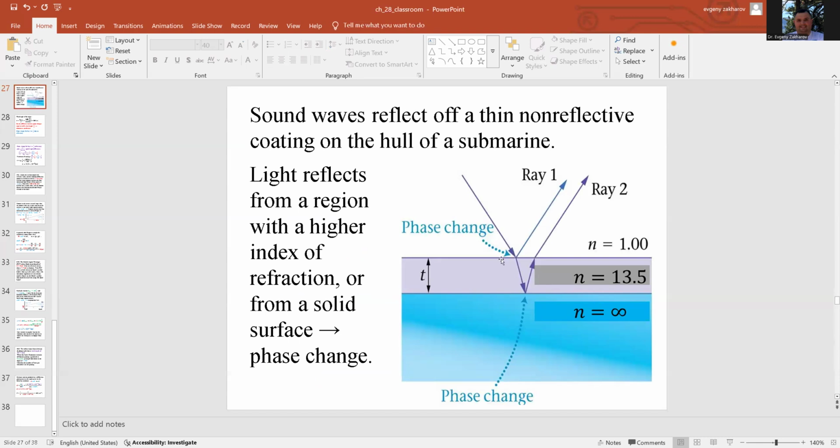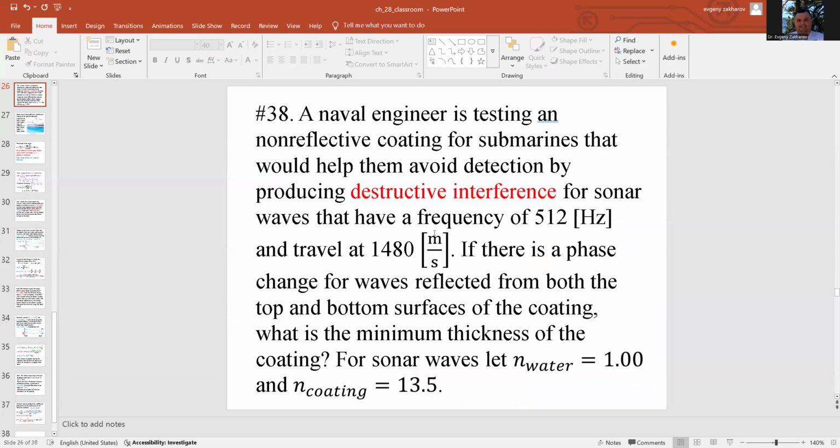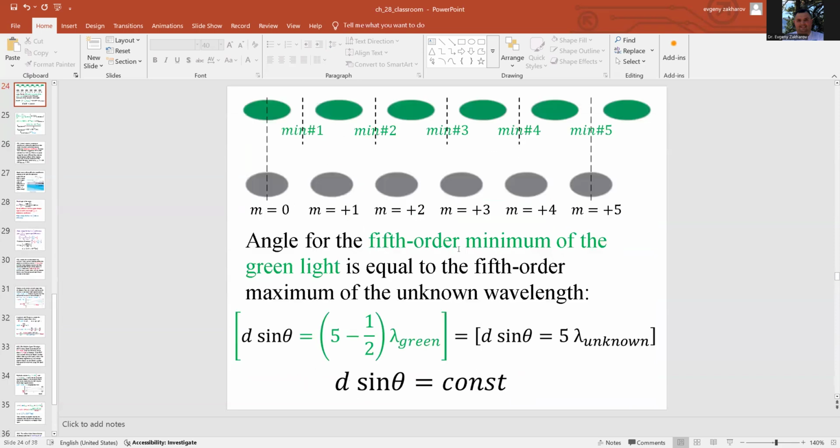You have to keep track of different phase changes and waves traveling through different matter. And remember that every time you travel from a lower index of refraction to a higher index of refraction, there is a phase change. And there's no phase change if you are doing the opposite. Yeah, constructive, destructive interference. So constructive is maxima, destructive is minima.